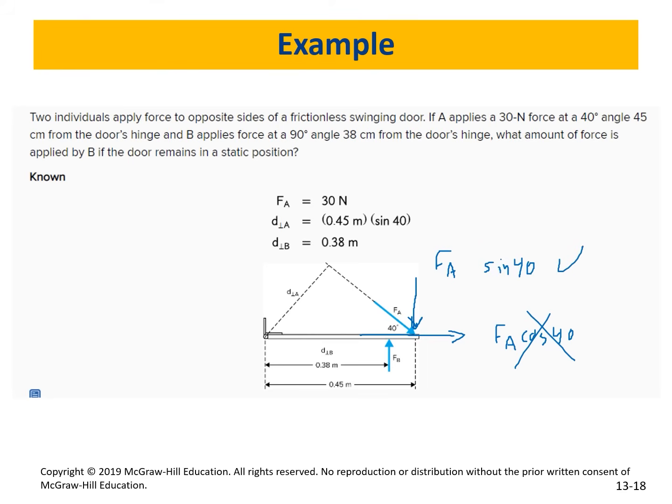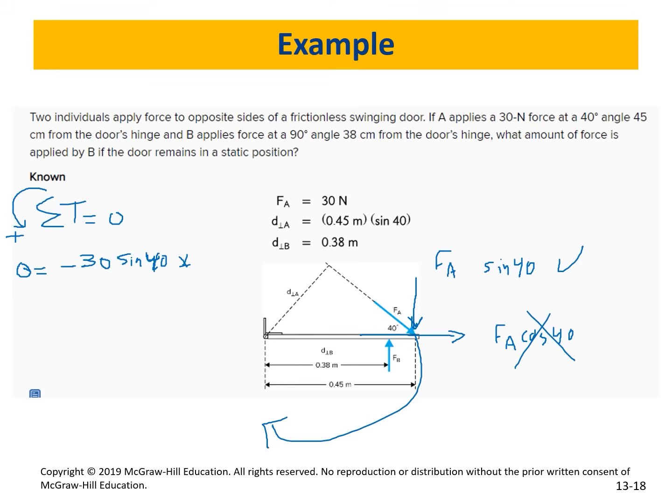And then you will do the summation of moments or torques equal to 0. And our positive is counterclockwise. Make sense? Because that's at equilibrium, 0 equals, Fa is going to be rotating this way. That is clockwise, which means that's negative. So minus, how much is Fa? It's 30 multiplied by sine 40, don't forget that, multiplied by the distance.